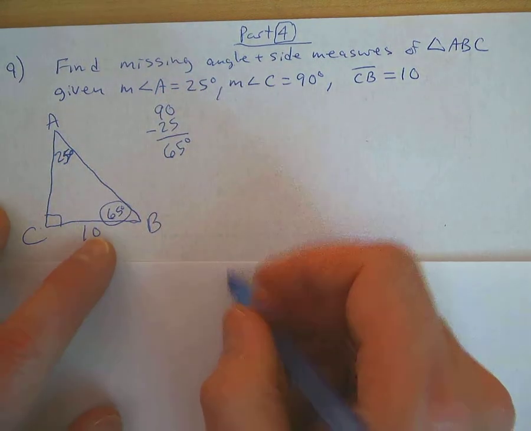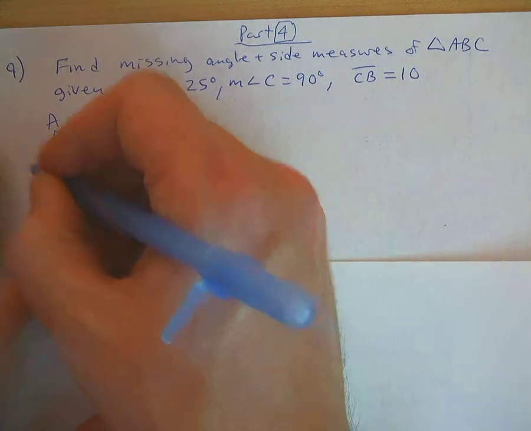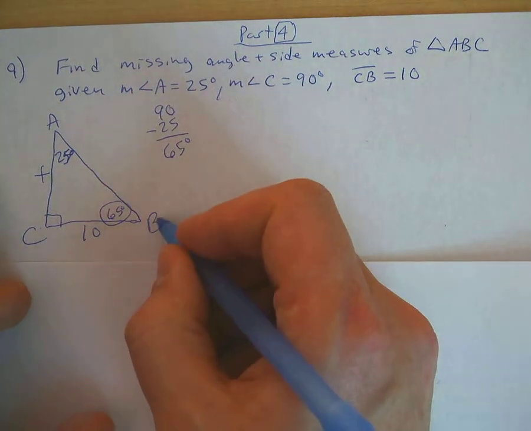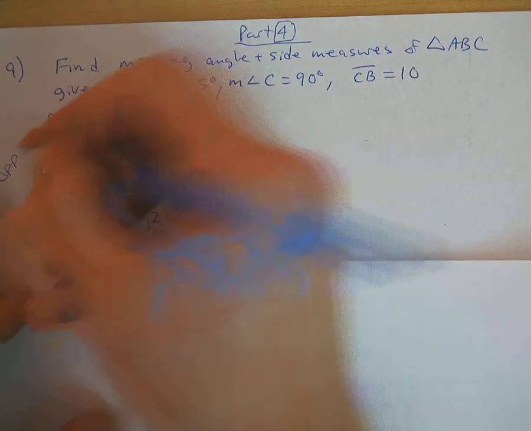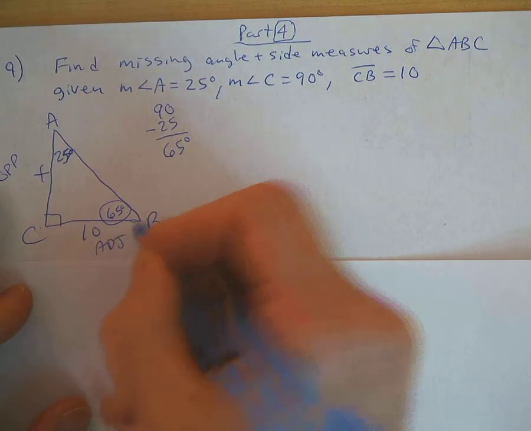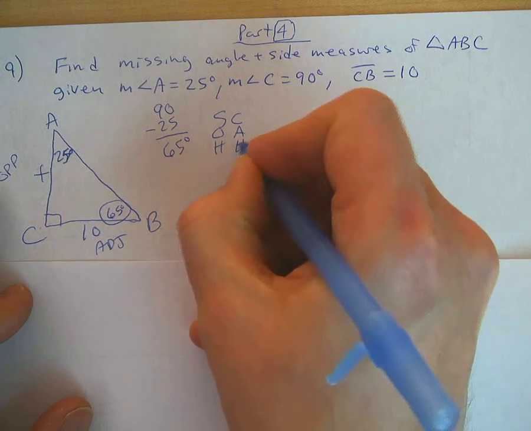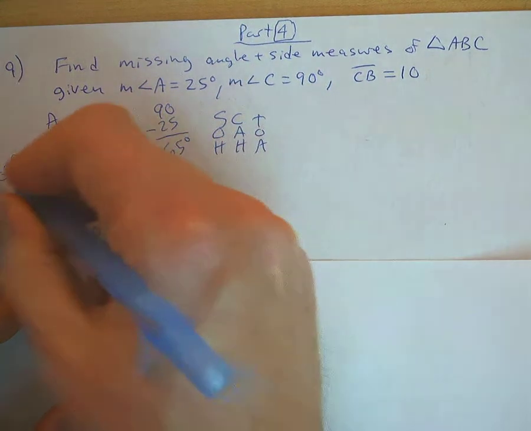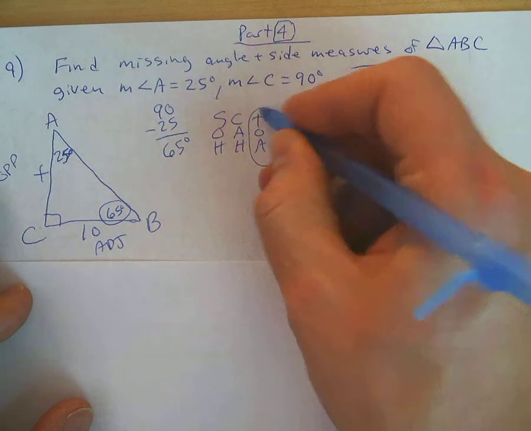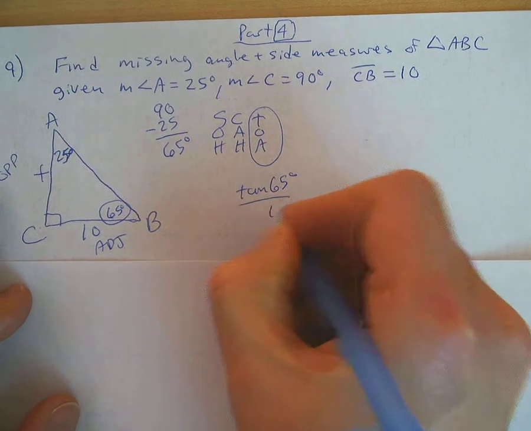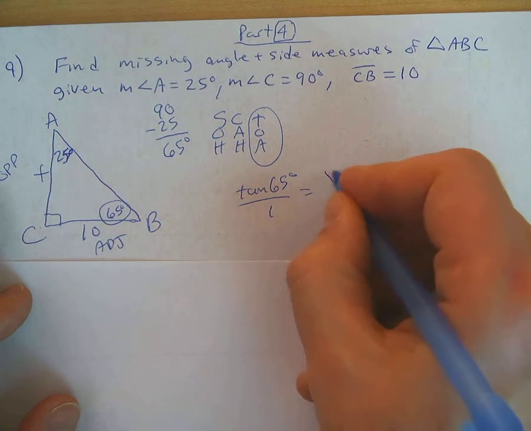Now I'm going to use this angle, and I'm going to try to figure out this side right here. From angle B, this is going to be the opposite. This is going to be the adjacent. So I use SOHCAHTOA to know I have opposite and adjacent, O and A. That's going to be tan. So tan of 65 over 1 equals x over 10.